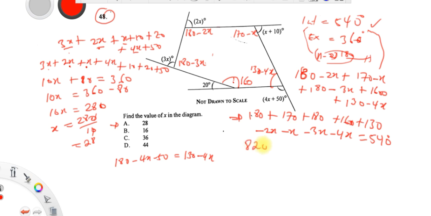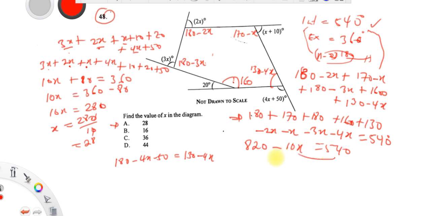So 820 minus 10s, since the s terms add up to minus 10s, is equal to 540.